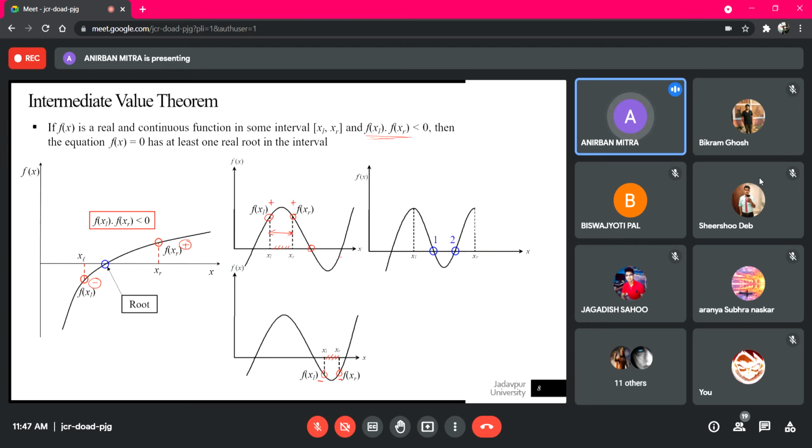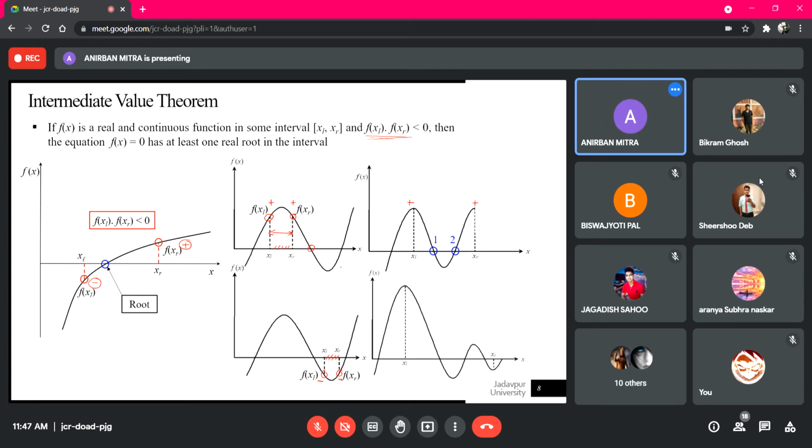In fact, it does not, because you can see that it does not satisfy the condition mentioned in the intermediate value theorem. Here, the product of the functional values is positive, because they are both positive. So it does not fall within the realm of the intermediate value theorem.